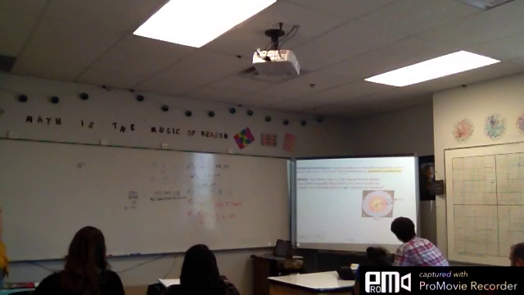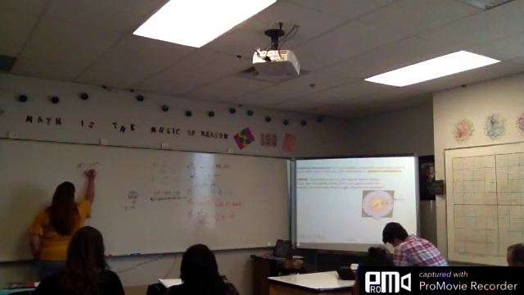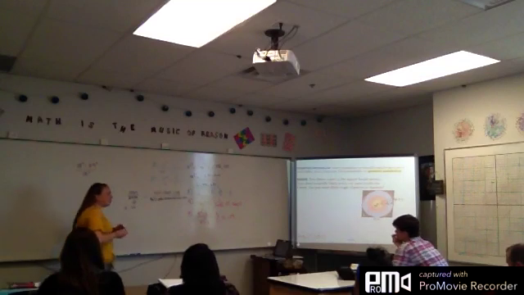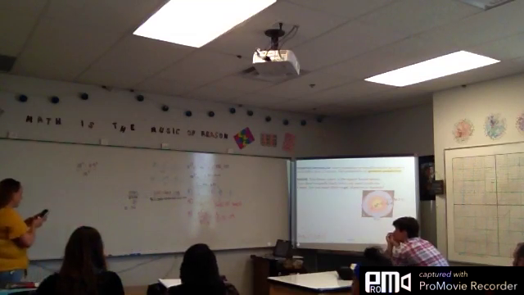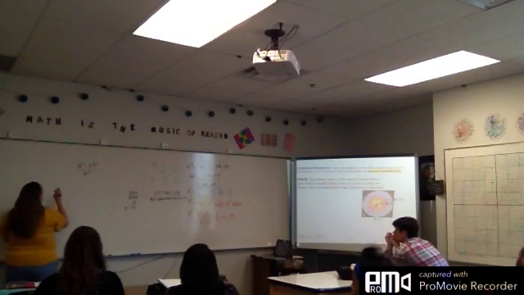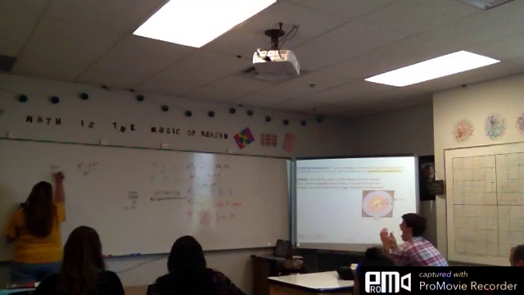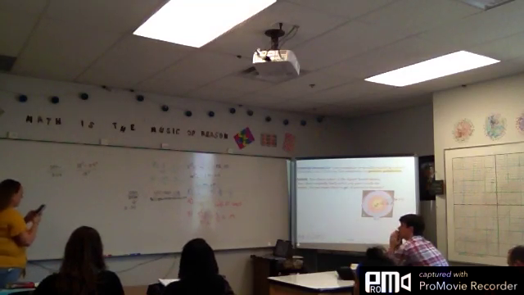Pi r squared. So what did you say r was? 9. So pi times 9 squared over the area of the actual square will give me the probability of hitting that black portion. So 18 squared is 324, so I have 324 minus what? 81 times 3.14, right?